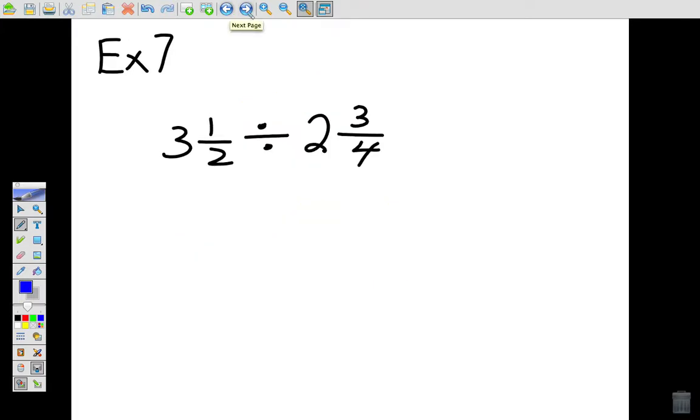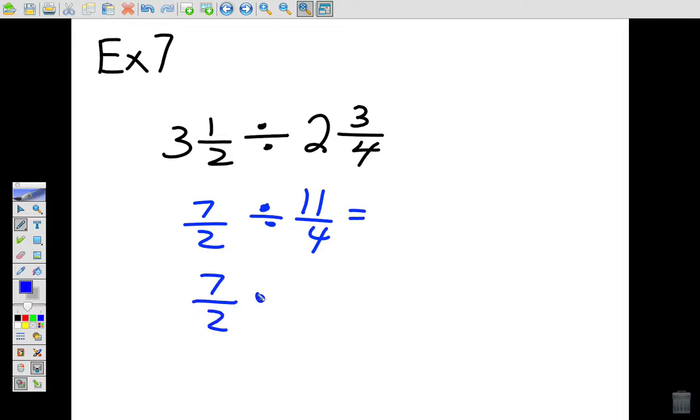Example 7. As with multiplying mixed numbers, when you divide mixed numbers, you have to change them to improper fractions. So 3½ is 7/2 divided by 11/4. Now convert it to a multiplication problem. Remember, it's always the number that follows the division sign that you take the reciprocal of.